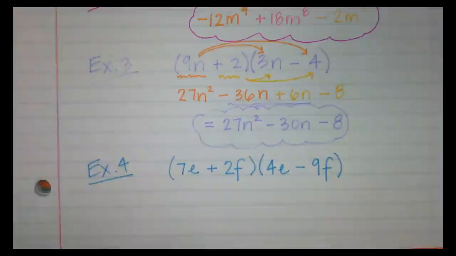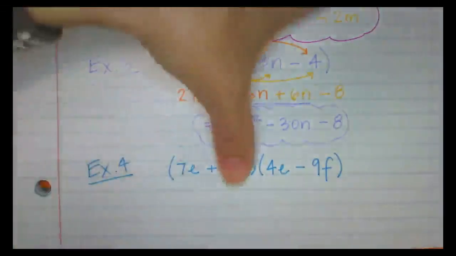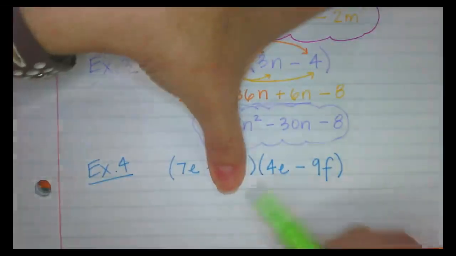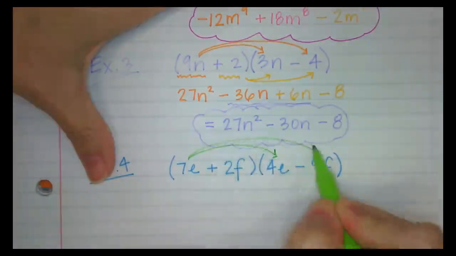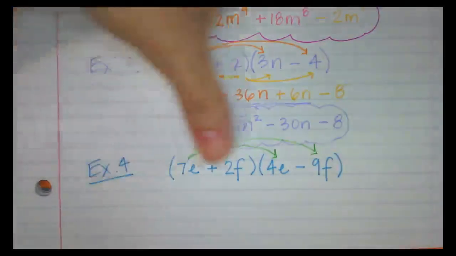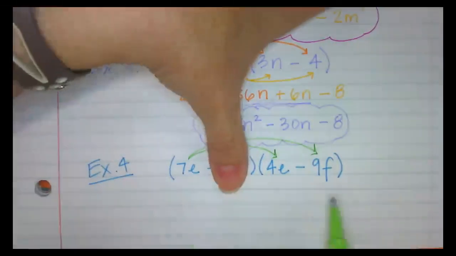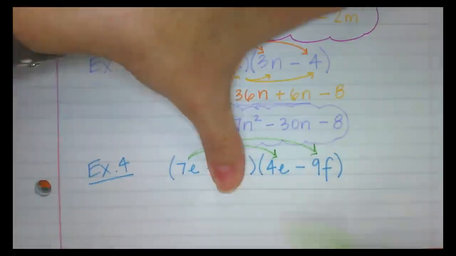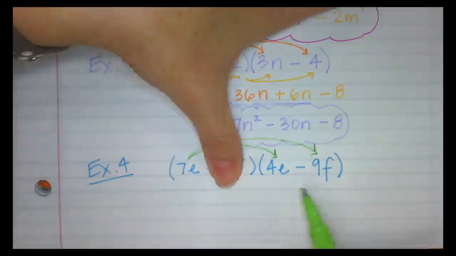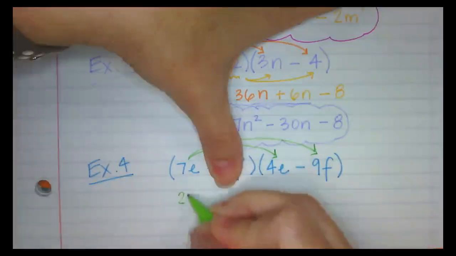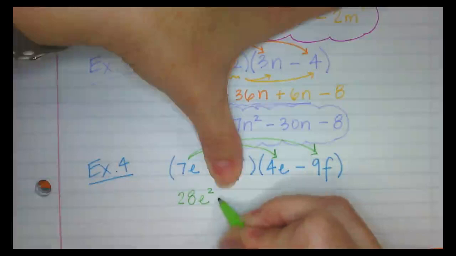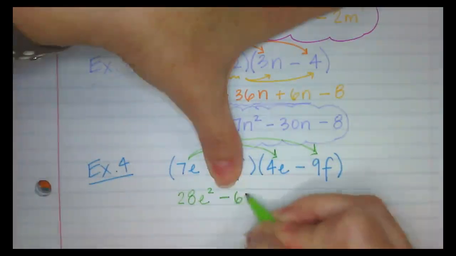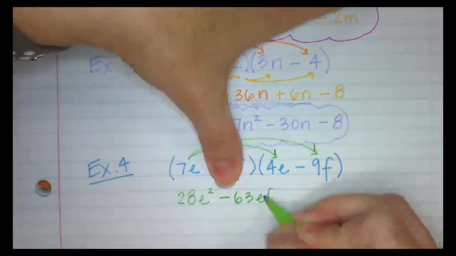So, first thing I need to do is to cover this up, and I need to distribute the 7e to the 4e minus 9f. So right here, all I'm doing is distributive property. So when I multiply 7e with 4e minus 9f, I'm going to get 28e squared minus 63ef.